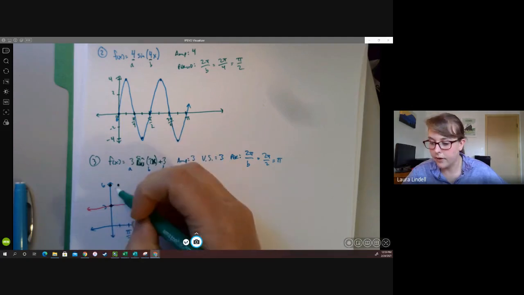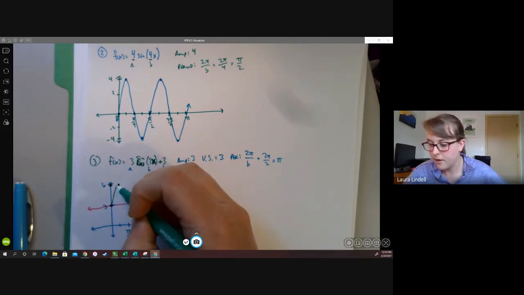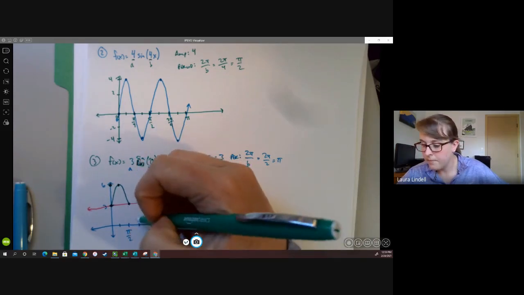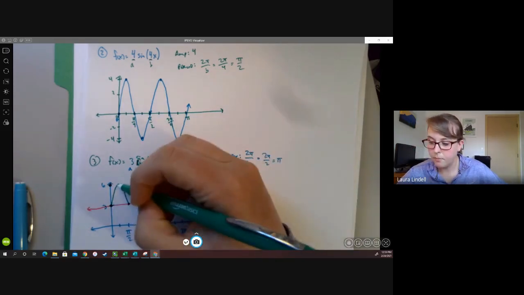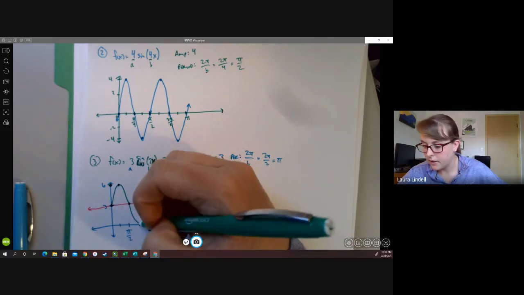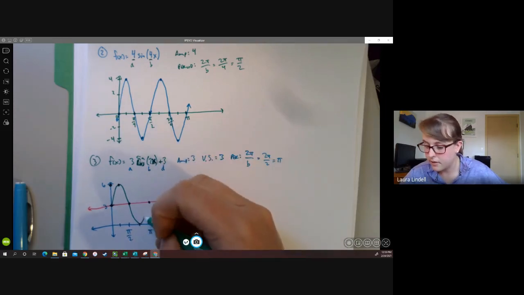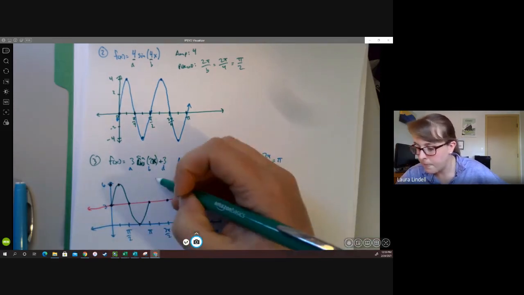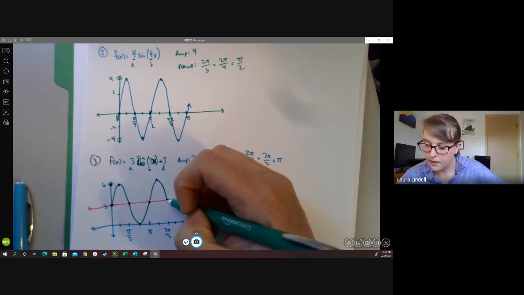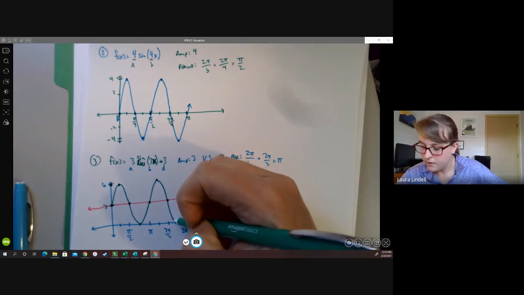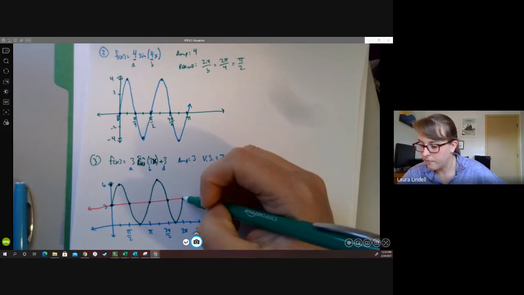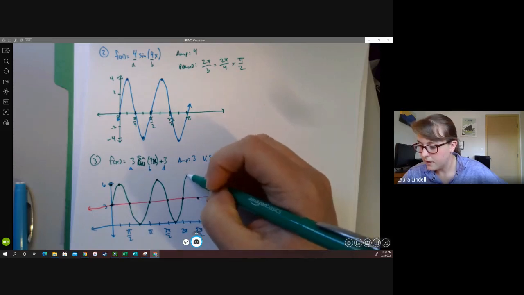Okay, so sine starts out going up from the midline, hits a peak, comes back down, crosses the midline. And since the amplitude is 3, it's going to go between 6 and 0, since our midline is also 3. So it's going to come down, hit the x-axis, come back up to the midline, come back up to 6, back down to the midline, down to the x-axis, up to the midline, up to 6.